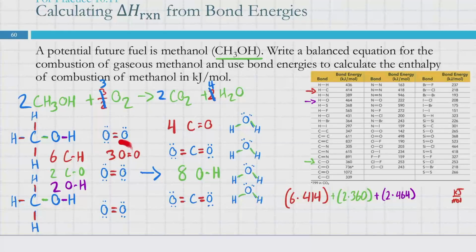And our 3 oxygen-oxygen double bonds, which is in the middle column, 498. So that's our sum for breaking. And I don't have my calculator out.